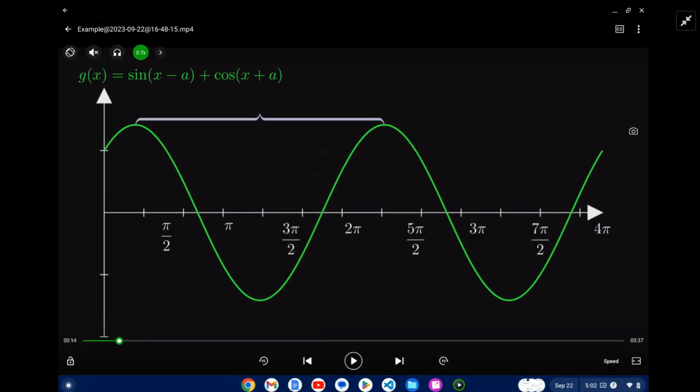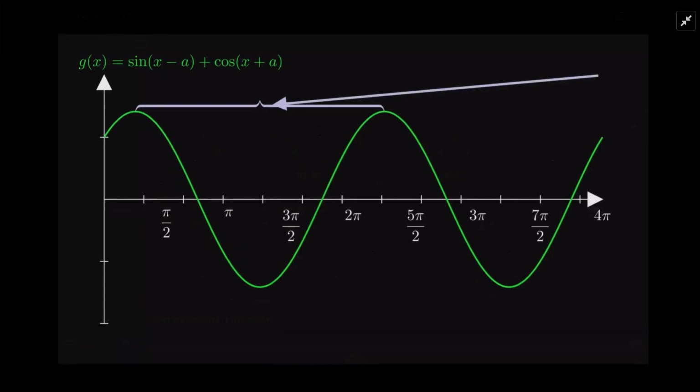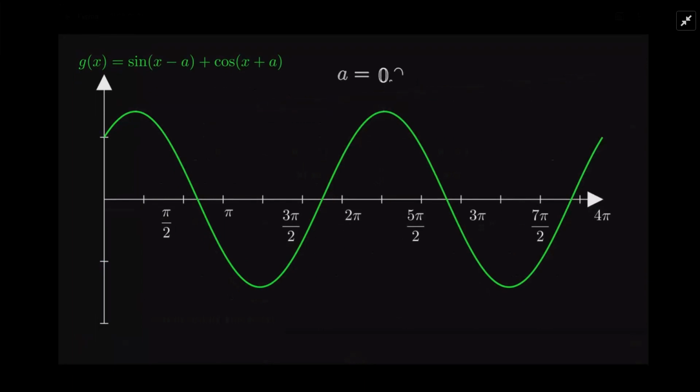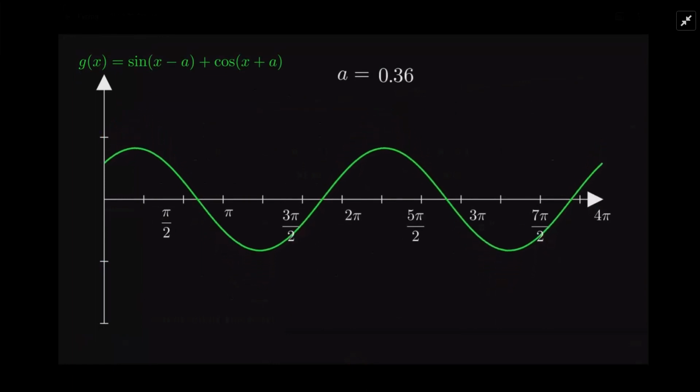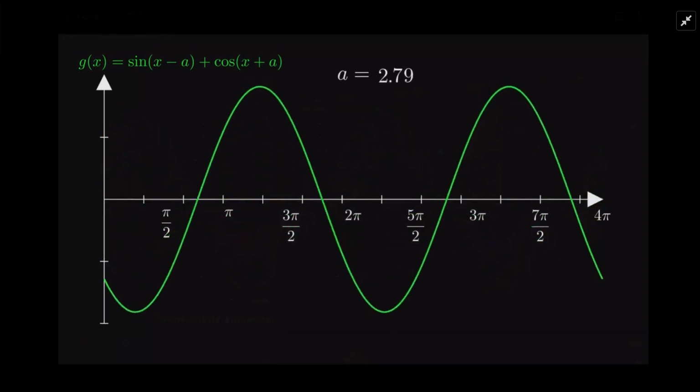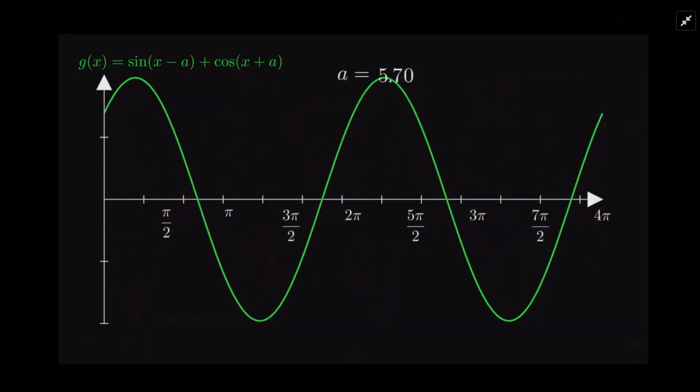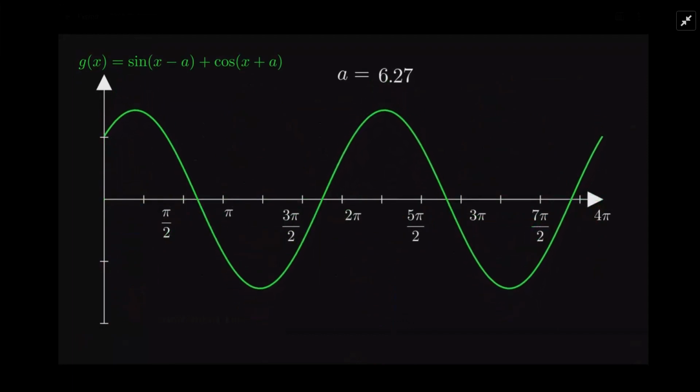If we can find the distance from one maximum to another, or from one minimum to another minimum, that distance will be the period. Let's see what happens with this function as a changes. See, there's a point where it reflects on the x-axis.